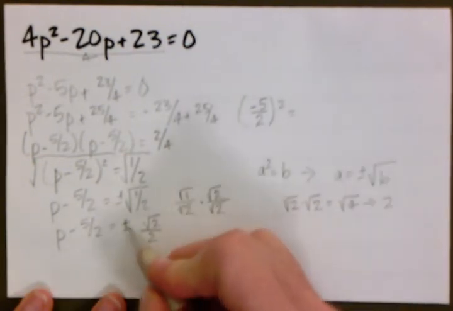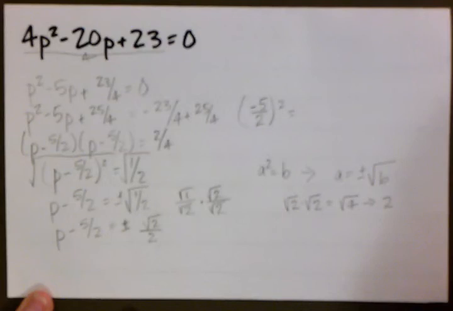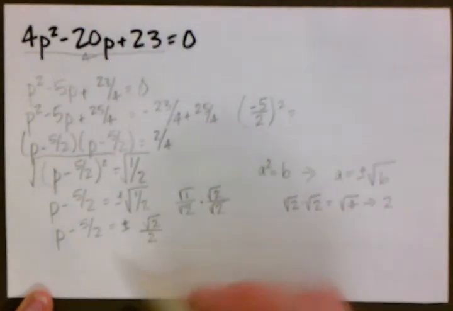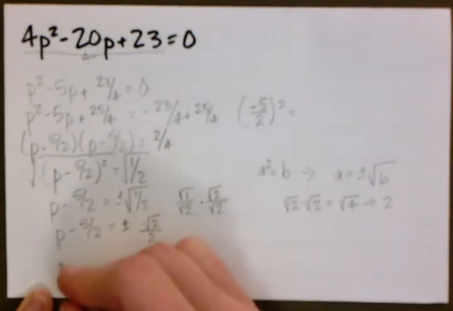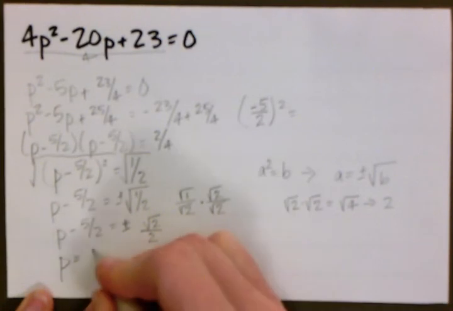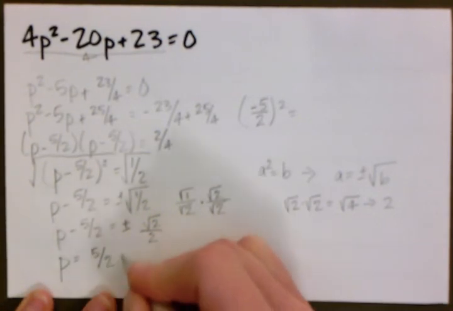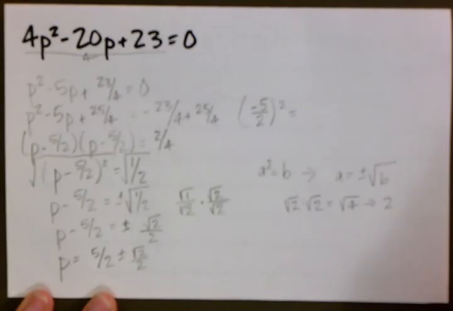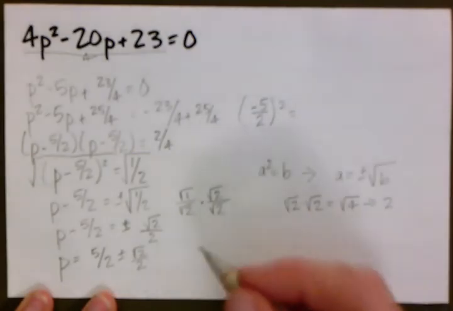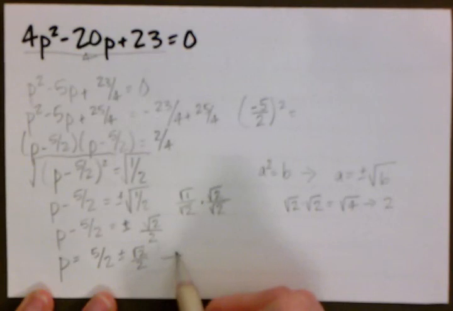Plus or minus stays. Now we can isolate p all by itself on one side of the equation. All we're doing here is subtracting 5/2, so we're just going to add 5/2 to both sides, which leaves us with p equals 5/2 plus or minus square root 2 over 2. I'm just going to go ahead and finish this up right over here.